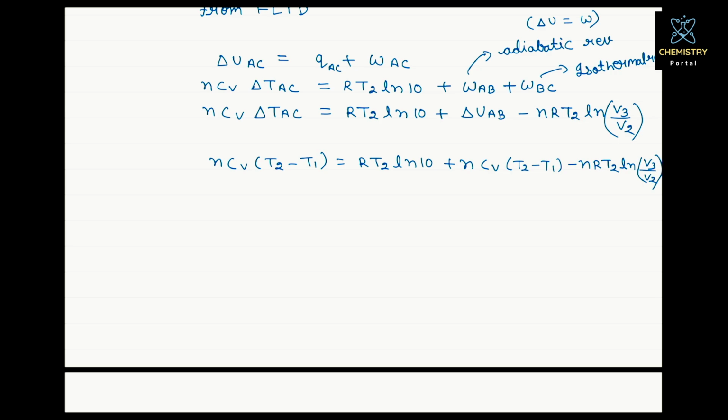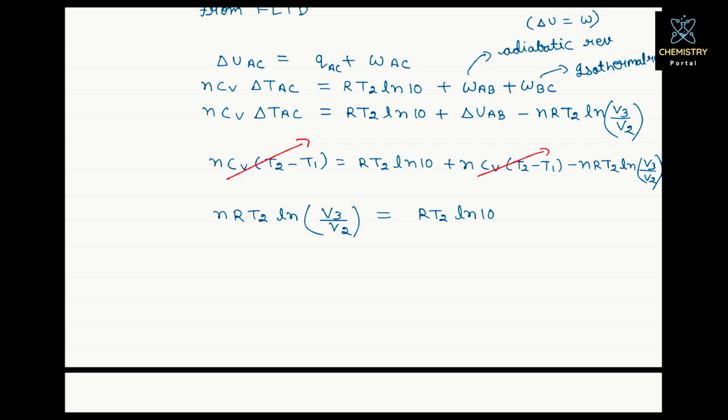This cancels out because it is the same, so it becomes nRT2 ln V3 divided by V2 equal to RT2 ln10.